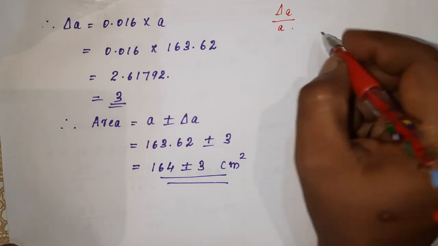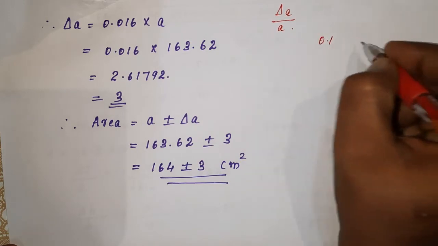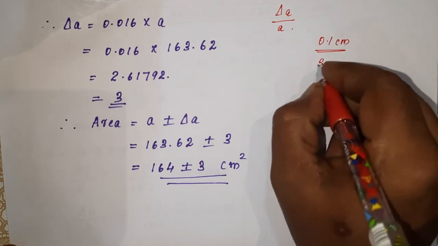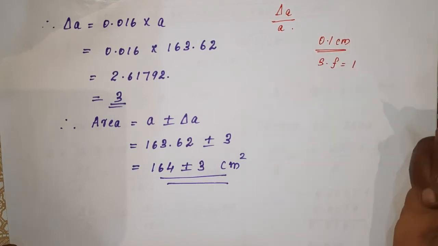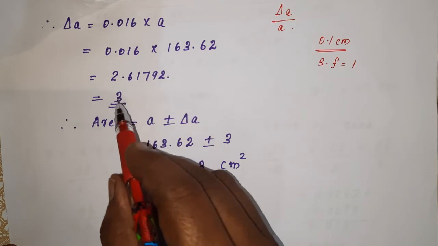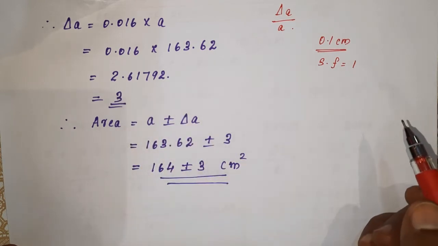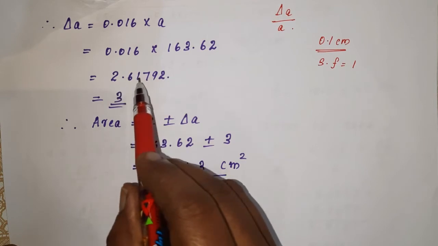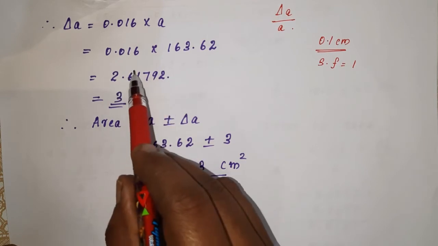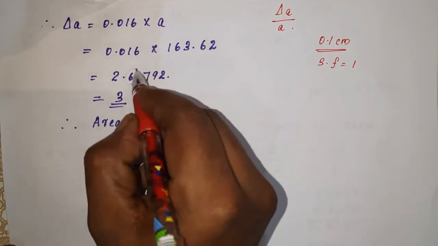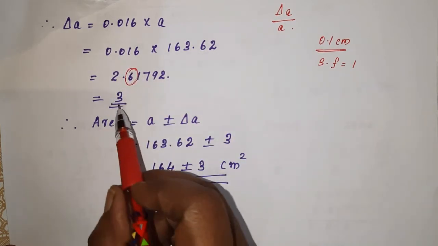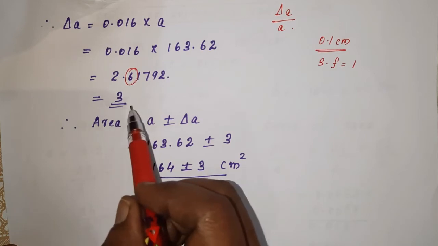But how much was the error in the measurement? 0.1 centimeter, which has one significant figure. So in the error also, only one significant figure we need to write. The number to be dropped is 6, which is greater than 5, so 1 is added to the previous digit and it becomes 3. So delta A is 3.